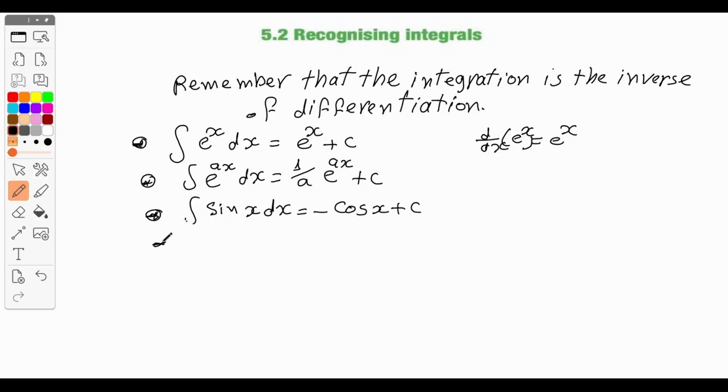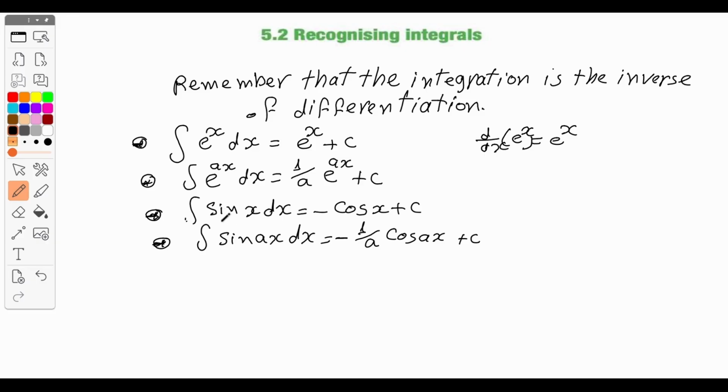What if we have sine ax dx? Again, as we did in the first one, you should divide by this a, so it will be negative 1 over a cosine ax plus c.